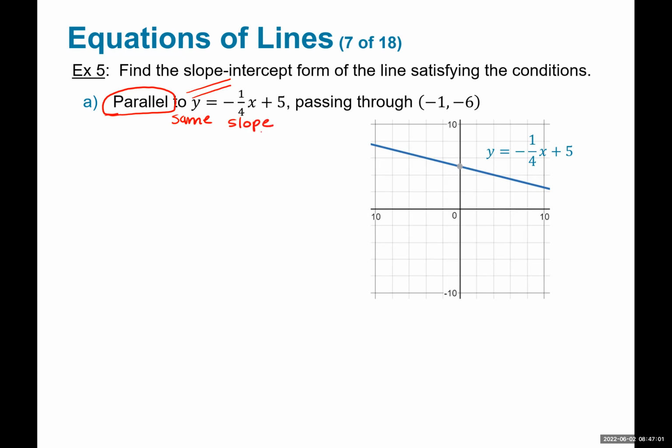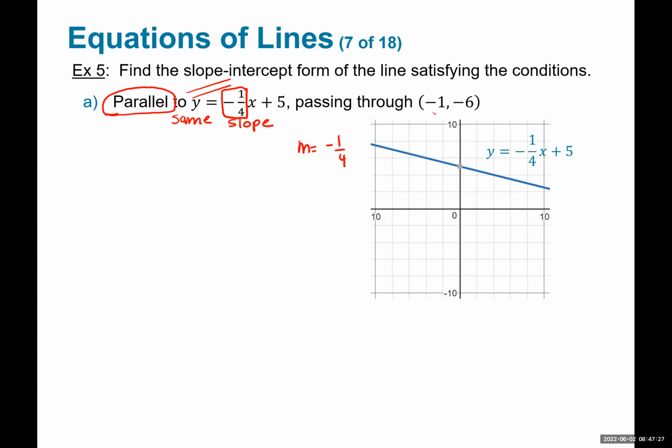So if it's going to be parallel to this line, first identify the slope in this line. The slope is -1/4. Our new line that we're doing is also going to have that same slope. That's all parallel means. It's going to just tell you, hey, these lines will look like railroad tracks. And they're going to have the same slope.